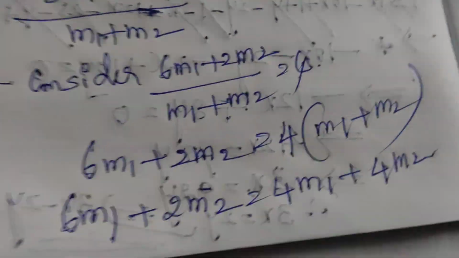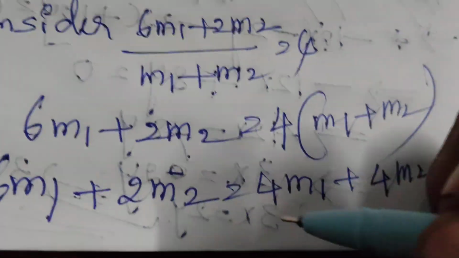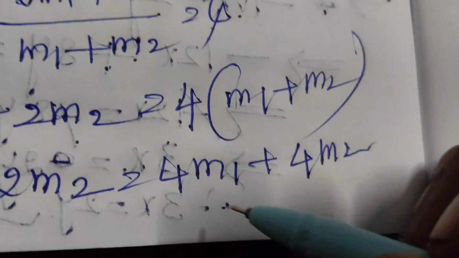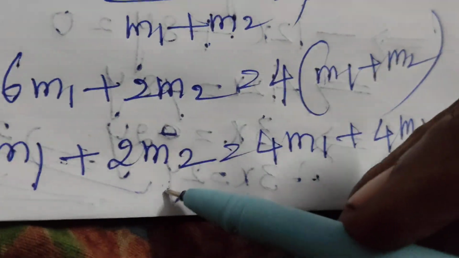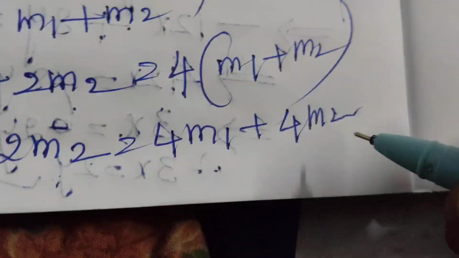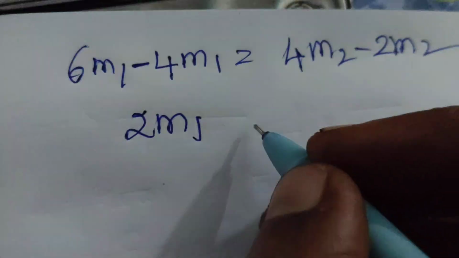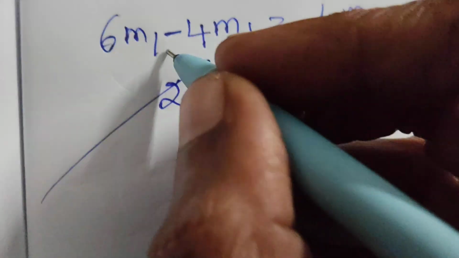Transposing, 6 m1 minus 4 m1 equals 4 m2 minus 2 m2, so 2 m1 equals 2 m2, and the 2 gets cancelled.